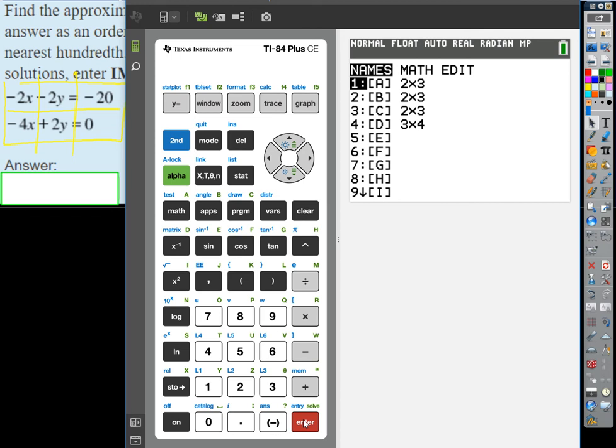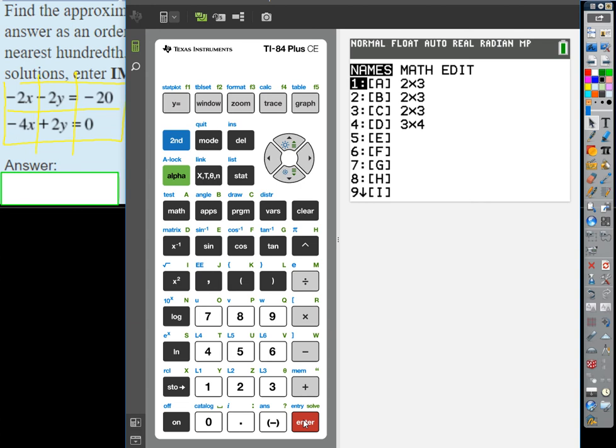Okay, so it's in there. Now you're done with it, you just go second quit. There you go, second matrix, and go to reduced row echelon. Matrix, second matrix. We good? Any other issues? Okay, we good?